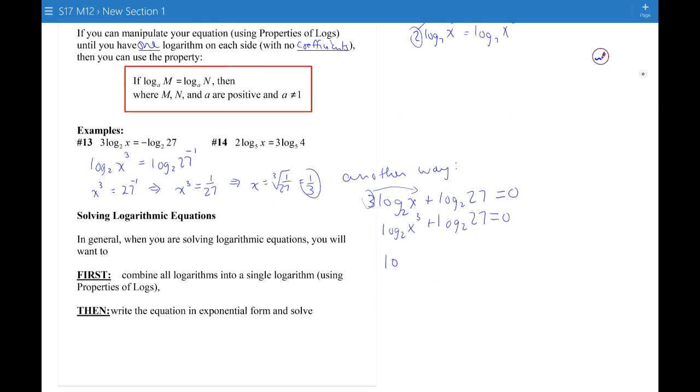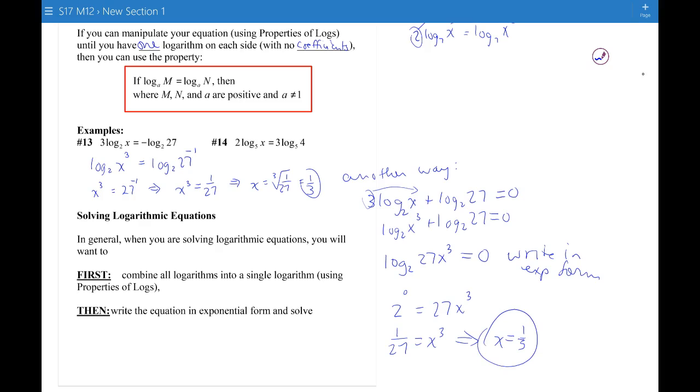Then using properties of logarithms, that's the log of 27x cubed, which has to equal 0. Now I write it in exponential form as 2 to the 0 equals 27x cubed. Well, 2 to the 0 is 1, so 1 over 27 equals x cubed. So we get the same answer either way. It's just another way of doing the problem.